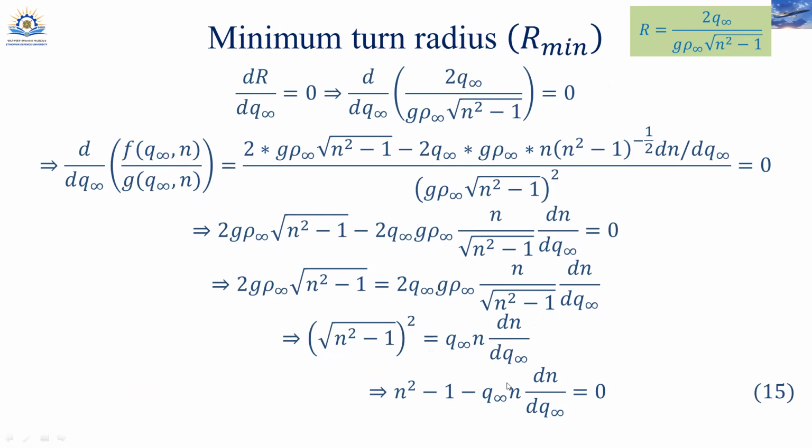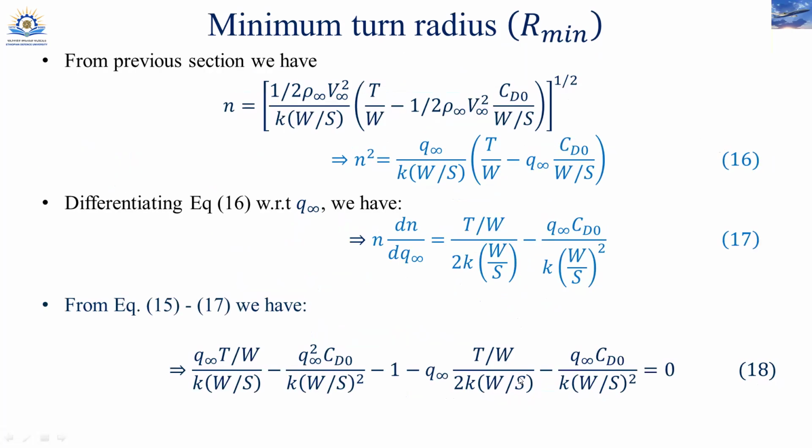So here we have dn over dq. We have to find this thing also. The n equation is given there.